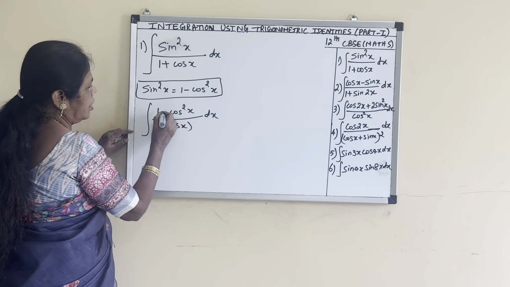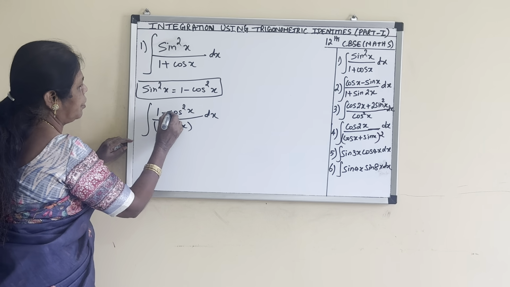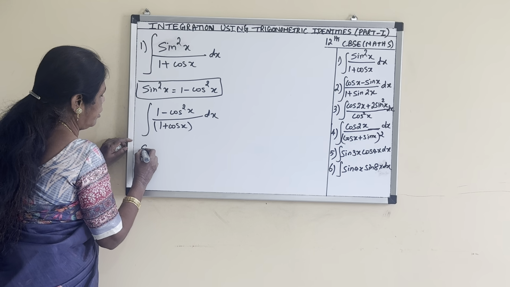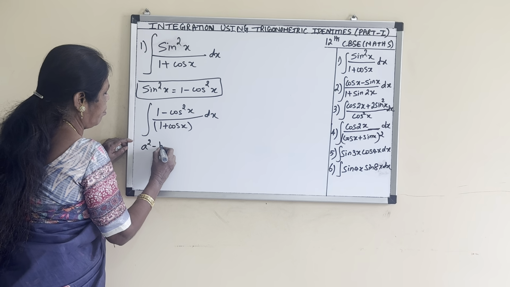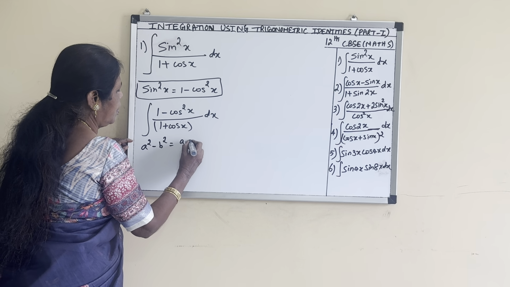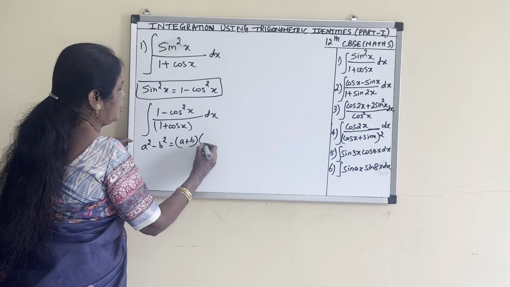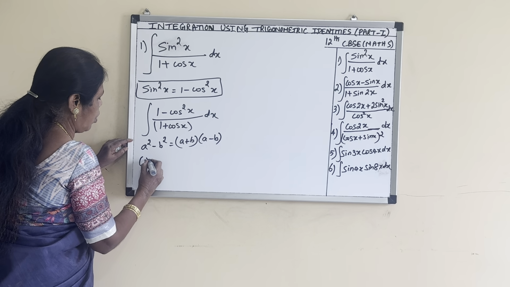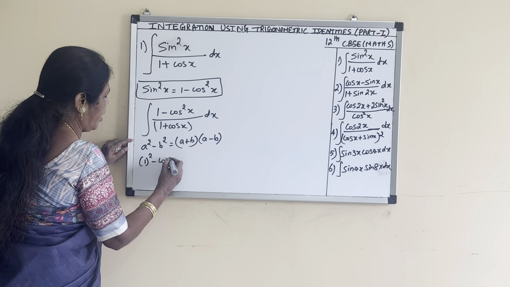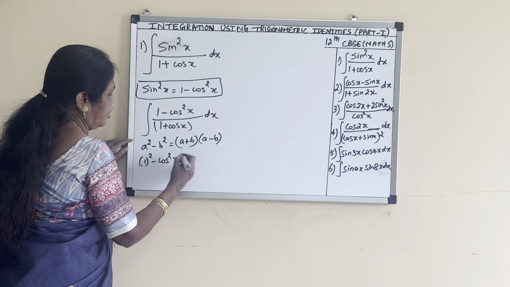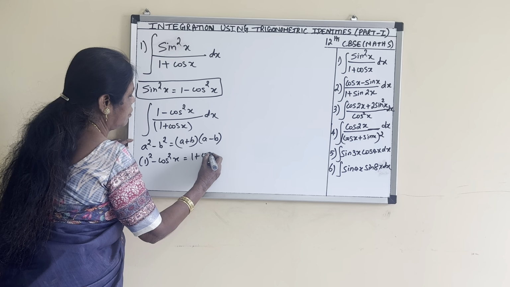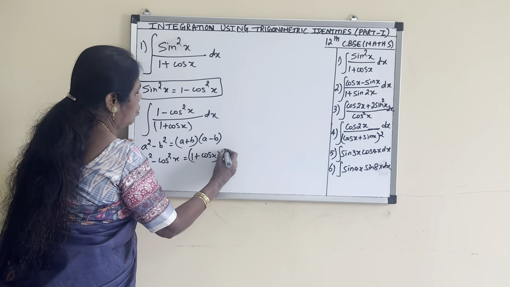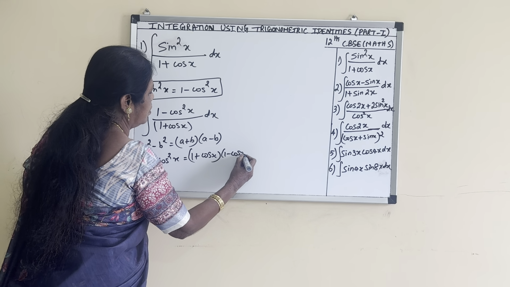Right. Now the numerator is in the form of a squared minus b squared. The algebraic identity a squared minus b squared equal to a plus b into a minus b. Same way, if I take 1 as 1 squared, 1 squared minus cos squared x is 1 plus cos x into 1 minus cos x. Right.